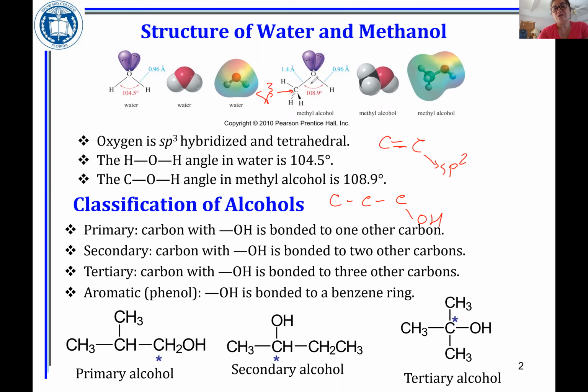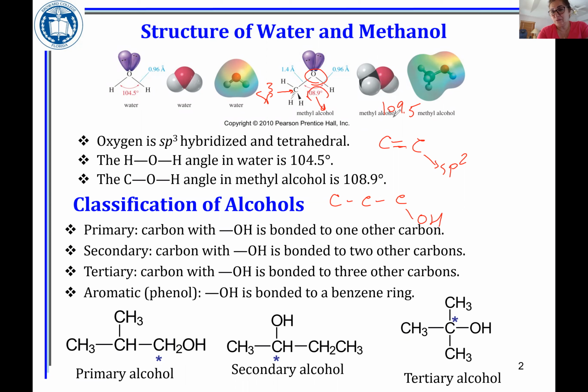The hybridization for the oxygen is also sp3, and the bond angle is expected to be 109.5. The observed, experimental value for the bond angle for oxygen, the COH, is 108.9.